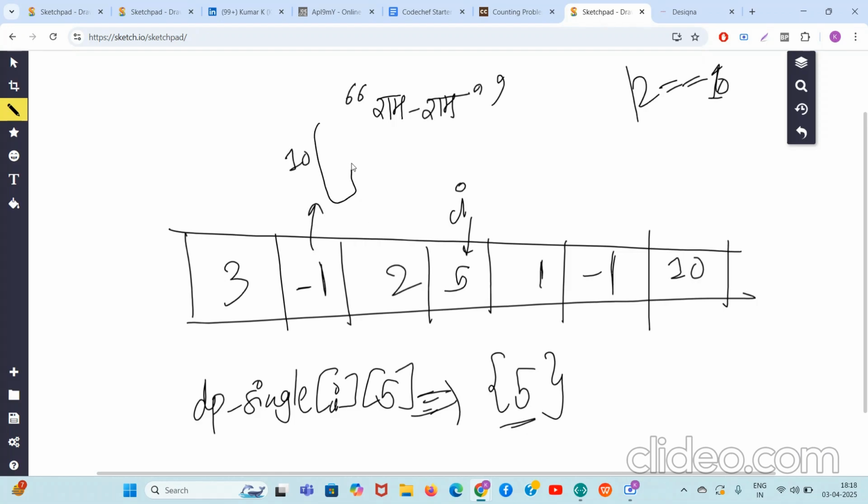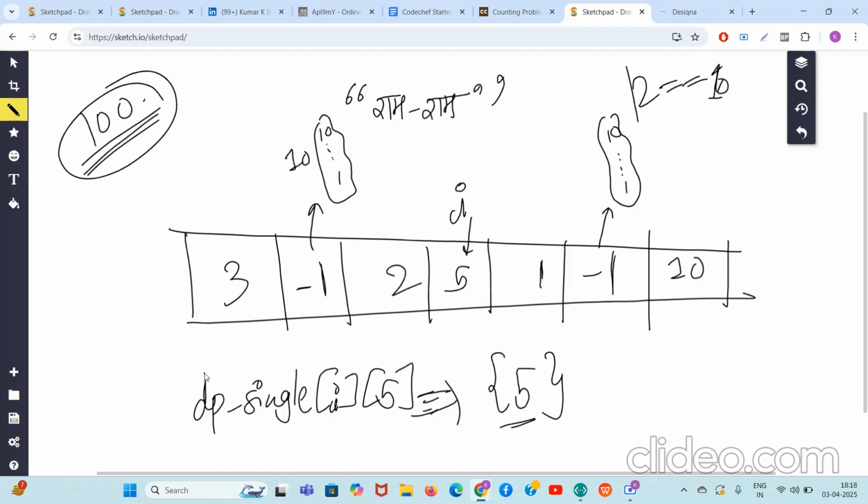Here you can put any number from 1 to 10, right? And here also there are 10 options. Here also you can put any number from 1 to 10, right? So 10 into 10, 100 arrays are possible. In all those 100 arrays, if you pick up this single number 5, this 5 can come 100 times.